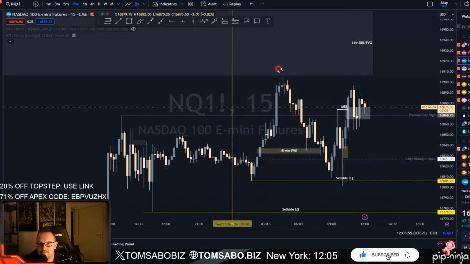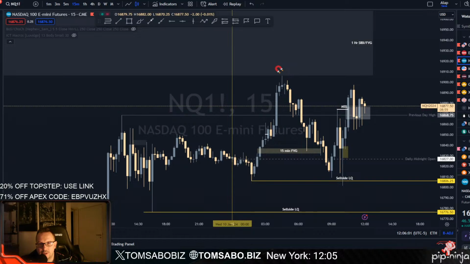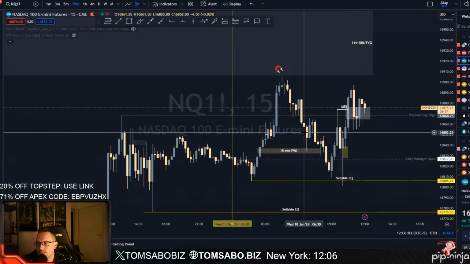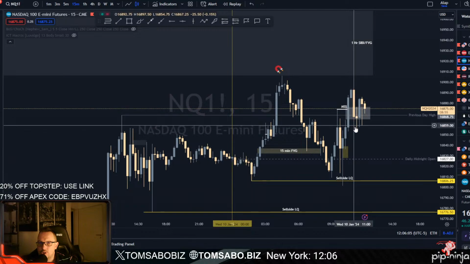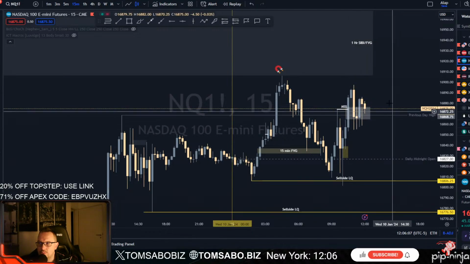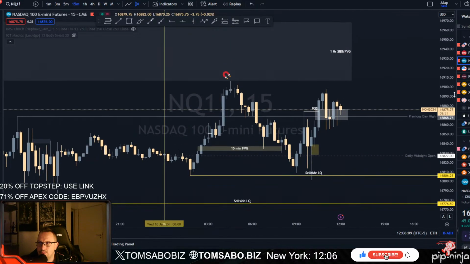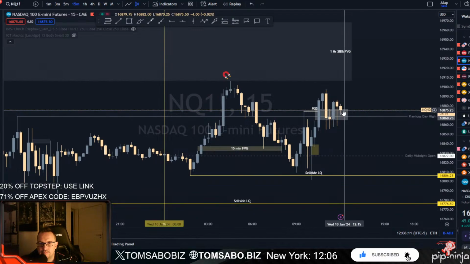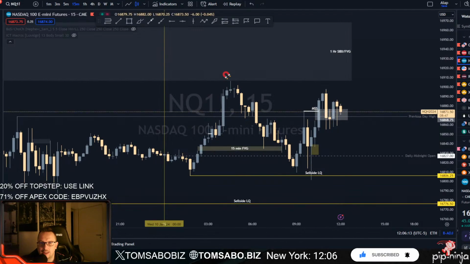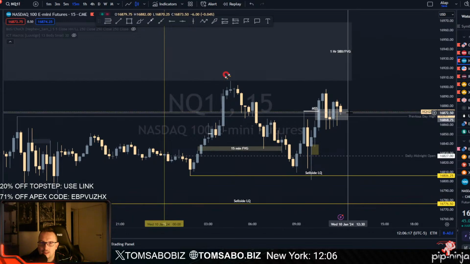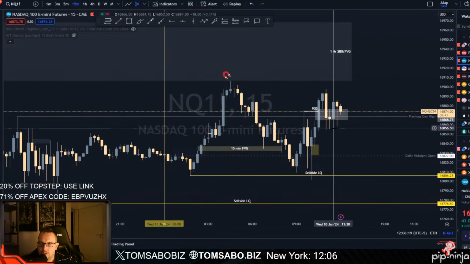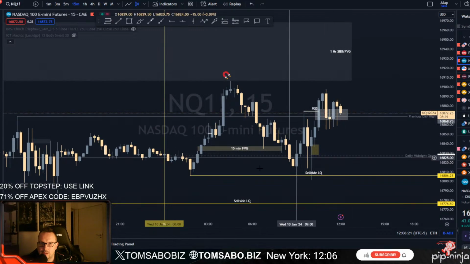On the 15 minute, of course, it still looks bullish, but the fair value gap rejected all these swings on the lower time frames. That's a bullish sign, but again, these levels could be broken anytime, the wick down there.